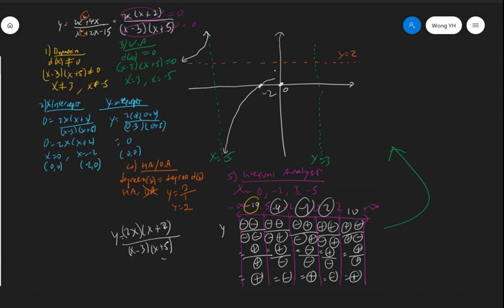And then come down here. 0 to 3, which is this part, you see there's something negative, meaning there's something below here. So basically it's an N shape here. Come here. And the last interval, between 3 and plus infinity, there's a plus sign, so there's something above the x-axis. So once again, here.